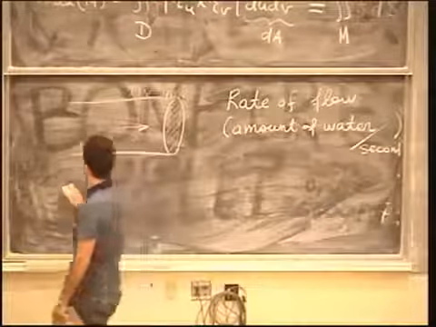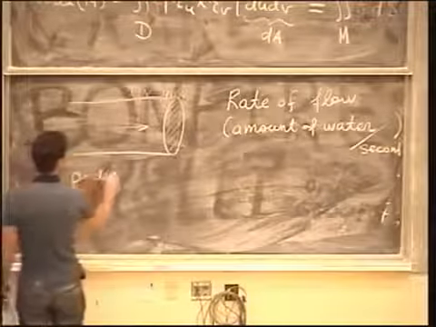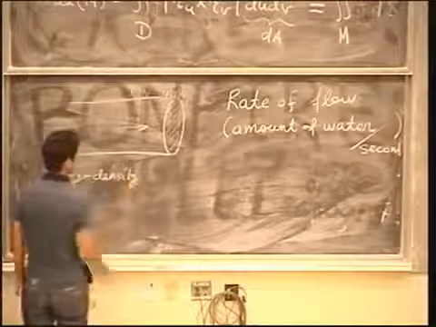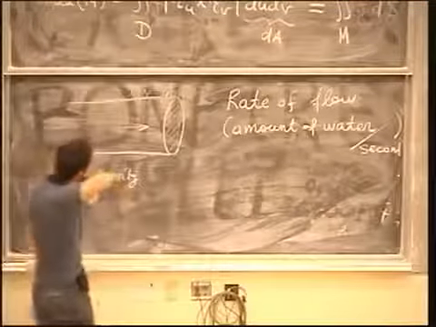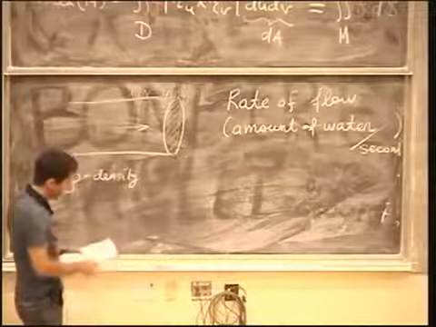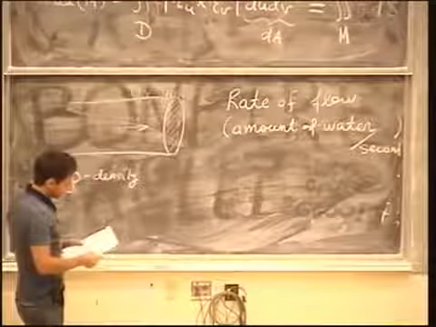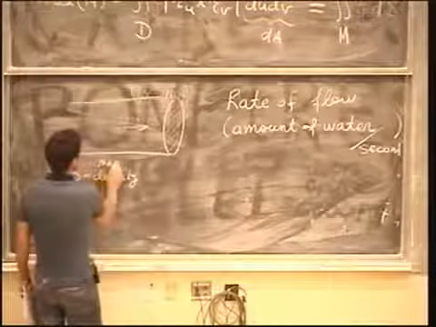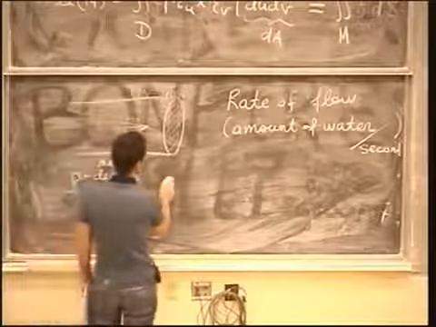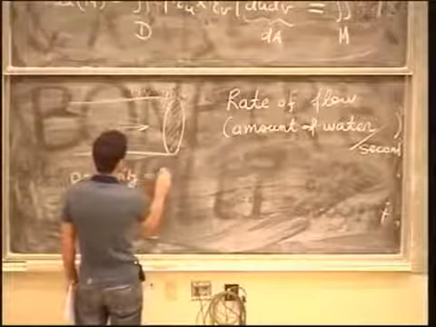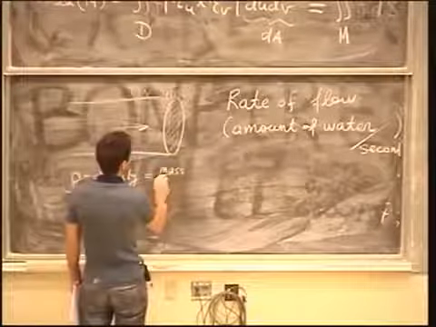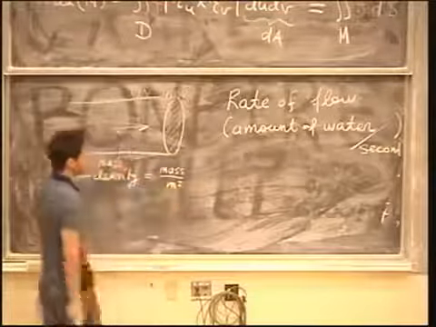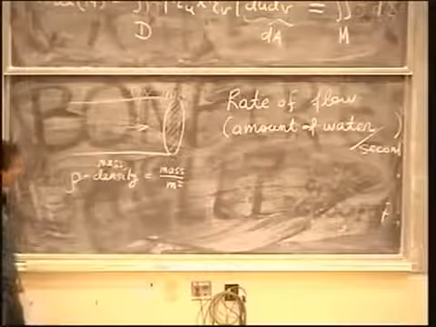I need to know the density function, the density of water, right? This is mass density, so this is mass per cube of the measure of length, let's say meters.